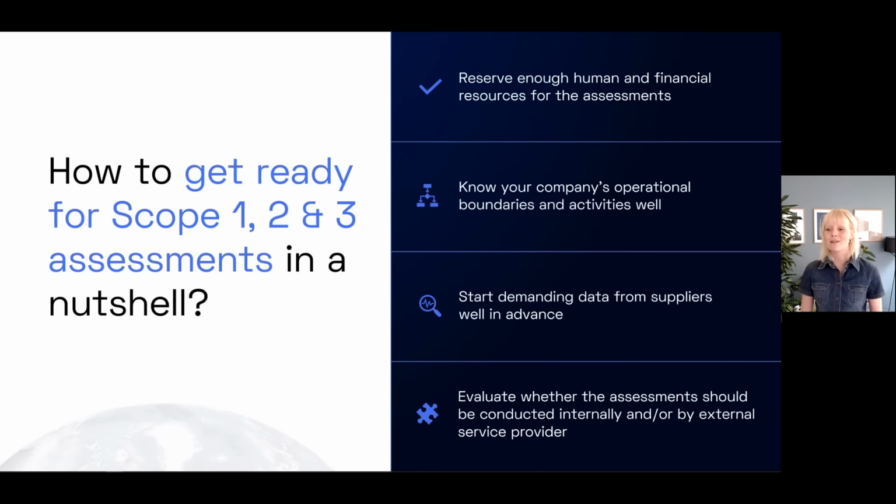Then start demanding data from your suppliers well in advance. Maybe you know all your suppliers well, but are you sure that they have all the data in hand that you need? So start demanding that well in advance as well. And finally, you can evaluate whether the assessment should be conducted in-house, with your own expertise, or whether you should use an external service provider to help do the assessments.